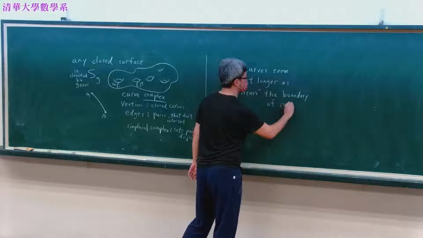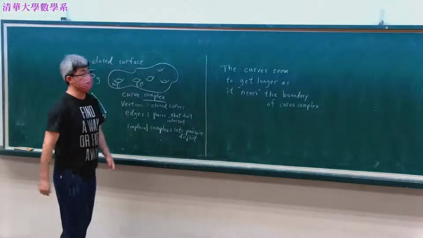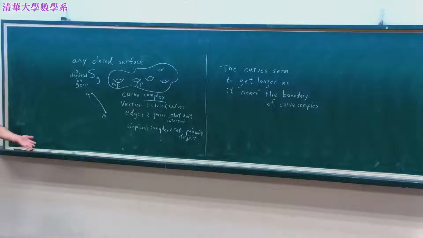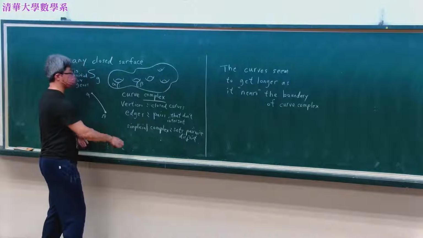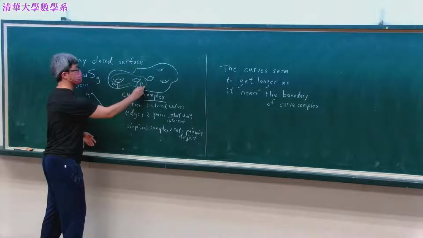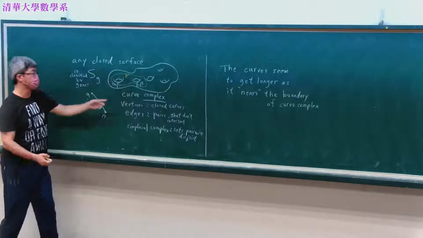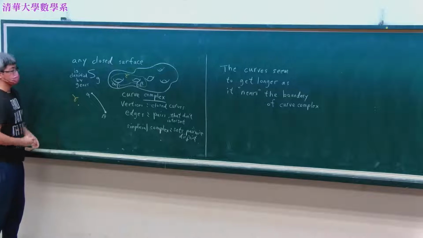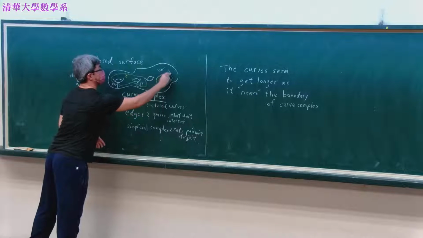You can think about the curve complex, and because it turns out to be something hyperbolic, you can define the boundary via these rays that go off to infinity. And anything that's going close to the boundary must be getting longer, because if I find some curve that intersects alpha and beta, then I know that in order to go from alpha to gamma, I'll need to pass through some curve over here.